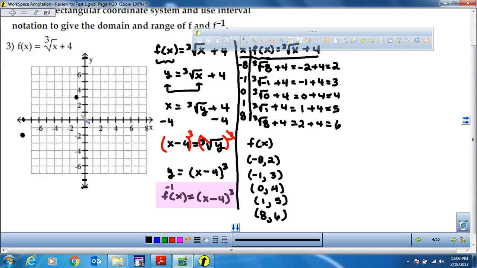Oh, positive 2, that's why. No wonder. So let me go back. Negative 8 comma positive 2. So it was looking weird. Negative 1 comma positive 3, which is right here. Then we got 0 comma positive 4. 1 comma positive 5, and the last one would be 8 comma positive 6, which is up here.